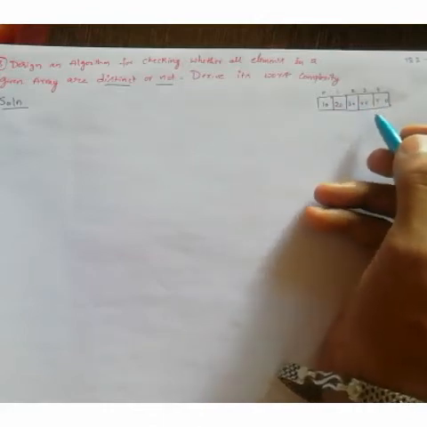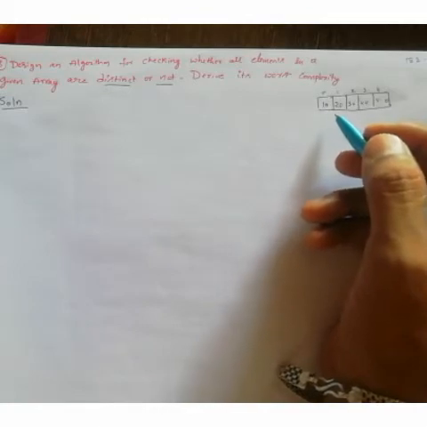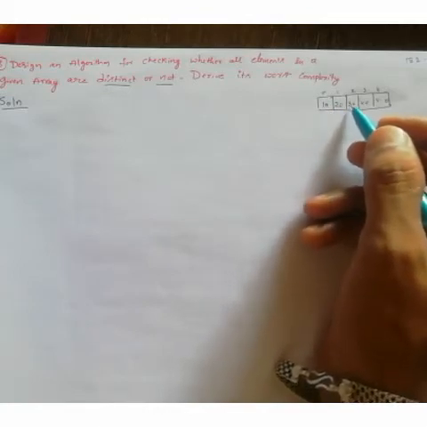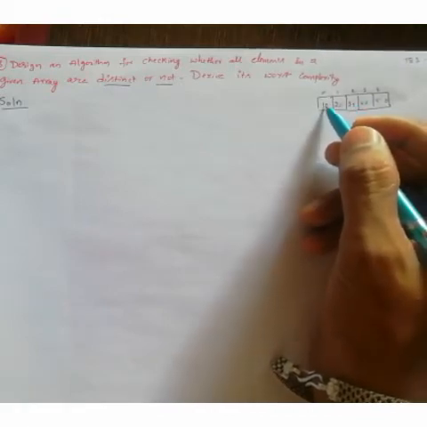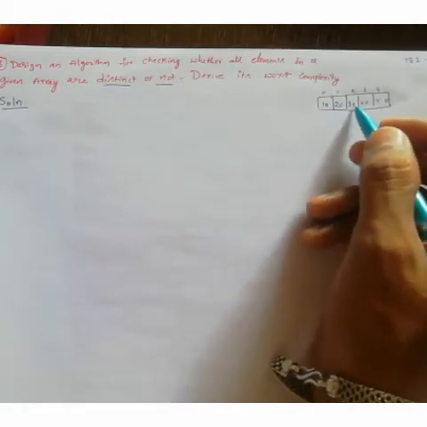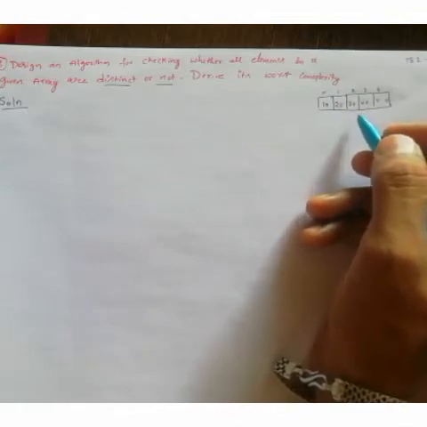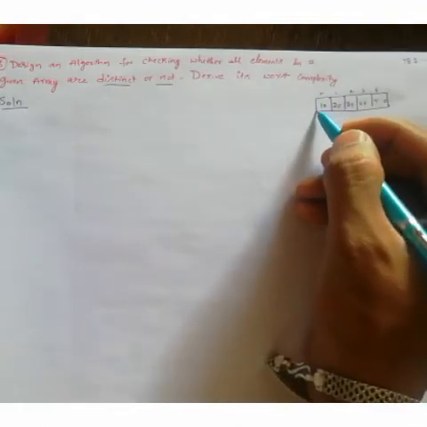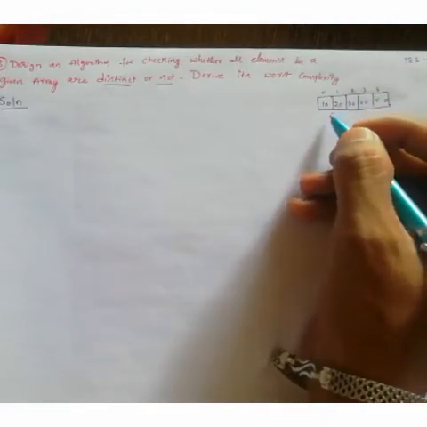So if it is so, we have to return the value true as your answer. If any element is the same, for example, the third element is also 10 and the first element is also 10, then that is not distinct, so you have to return false for that. So we will check how to do this. The logic here is simple.